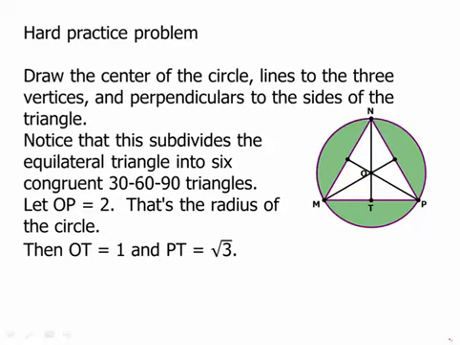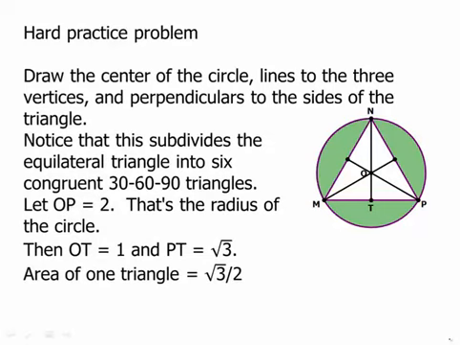All right, so now let's think about this. Now, with that choice, we could find the area of one of those little 30, 60, 90 triangles, say TOP, because we know the height, OT, is 1, and the base, PT, is root 3. So it's 1/2 times 1 times root 3, or in other words, root 3 over 2.